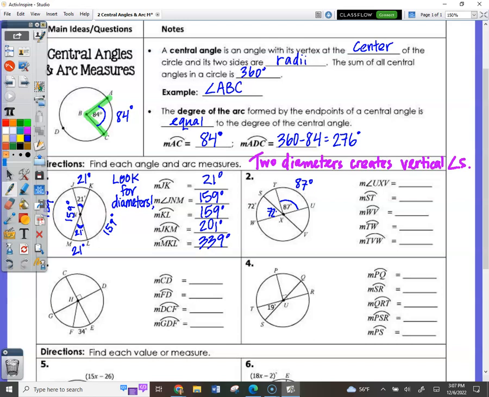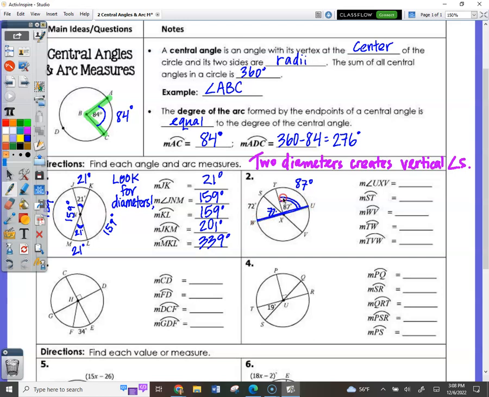Okay. Now, diameters and vertical angles come in. Also, do y'all remember what a straight angle is? Look right here in the middle. So, not only does a diameter create a semicircle that's 180, but if you have a bunch of central angles in a circle, right there, you have a straight angle.